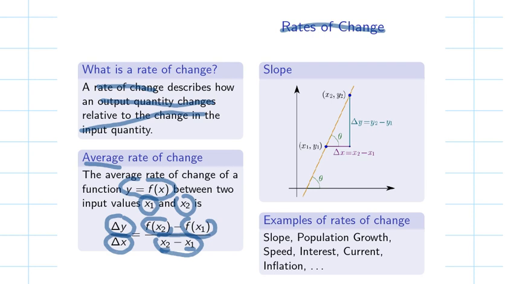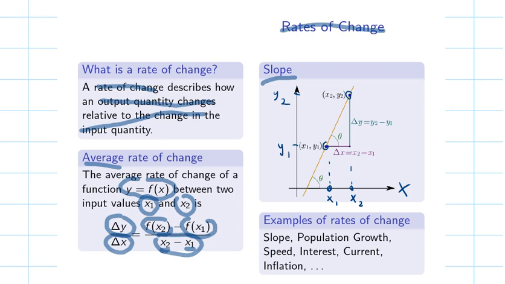And one place you see that is with slope. If you graph a function, here's the x-axis, and there's two input values, x1 and x2, and those cause two output values, y1 and y2, and those correspond to these points.